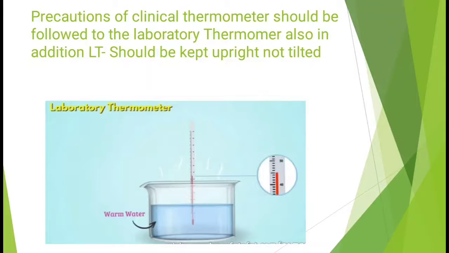In addition, when you are measuring the temperature using a laboratory thermometer, you should not touch the bulb of the thermometer because our body temperature may interfere with the value.